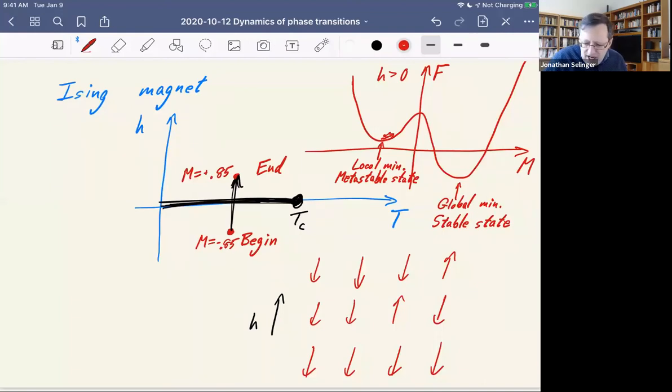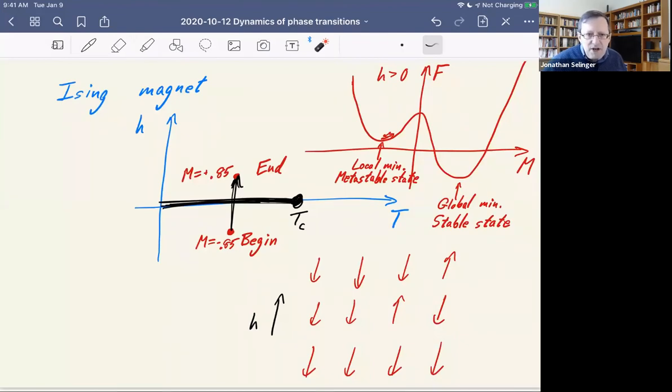So it's better than any of the nearby states, but it's not the absolute overall minimum. So this is to show you that even after we cross a phase boundary like this, the state that used to be the stable state when we were over here is now just a metastable state over there. And we might be stuck in that metastable state for some time.